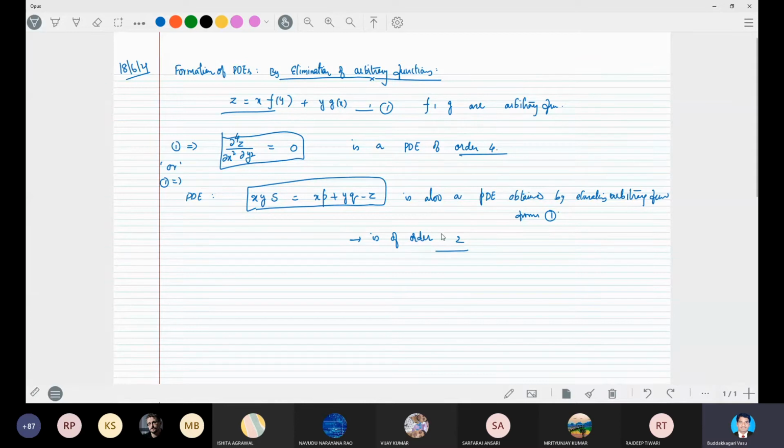Of order 2. Order 2, yeah. So therefore, we have to write always the minimized order PDE by elimination of either arbitrary constants or arbitrary functions. Okay, minimized PDE to be considered.